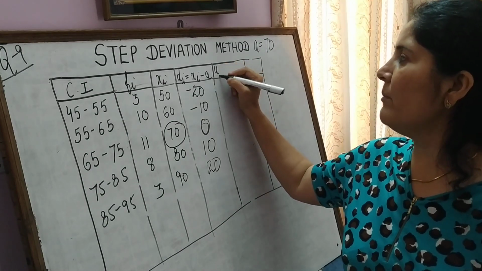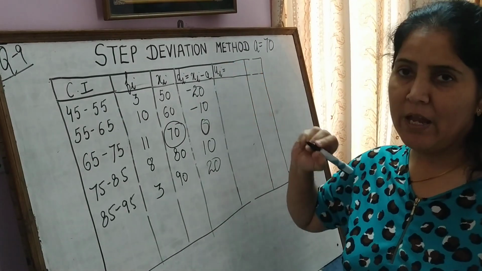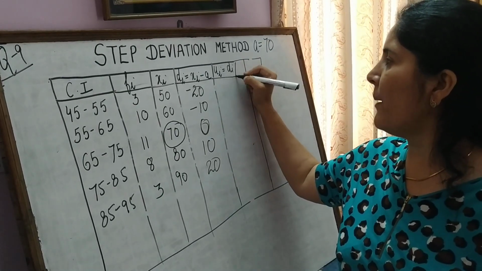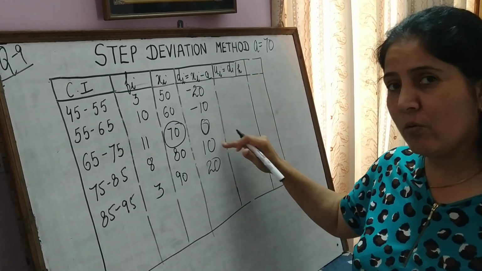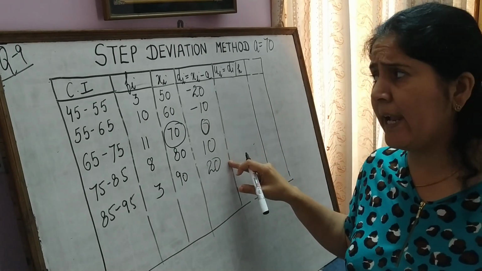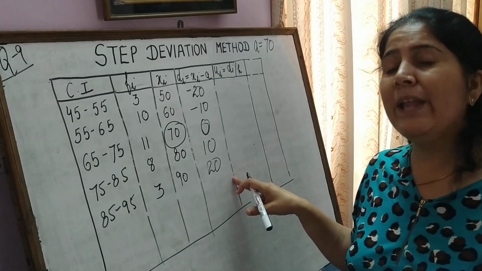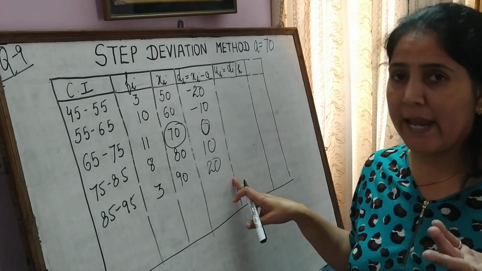In my next column, you have to find ui, and the formula for ui is di upon h. This means you have to divide all these di's by h. Now, what is h?